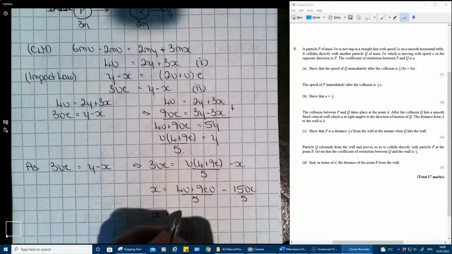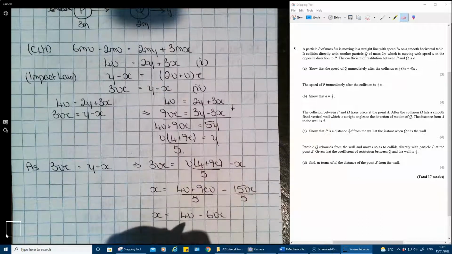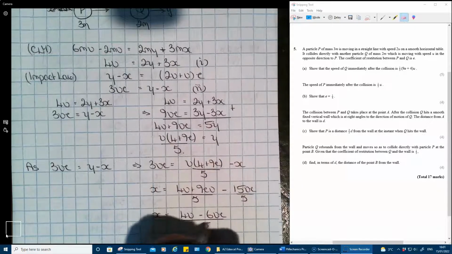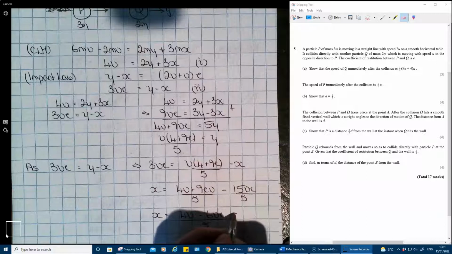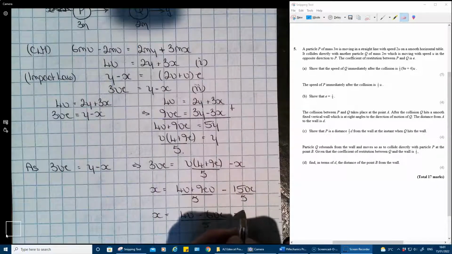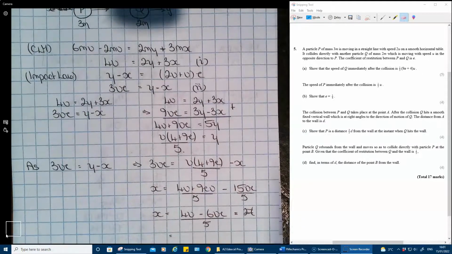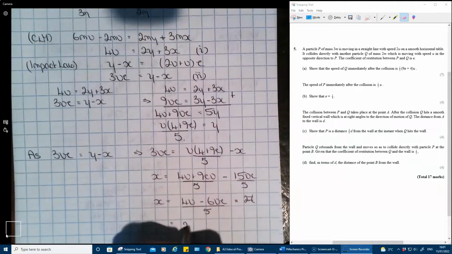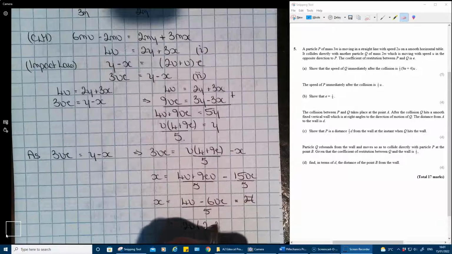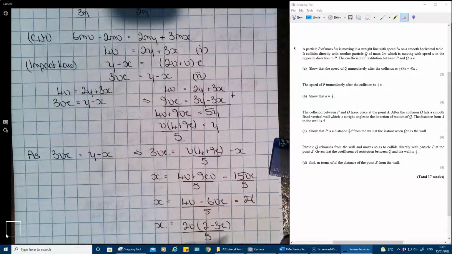So x equals 4u take away 6ue over 5, which equals, take a 2 out, I suppose, 2 lots, take a factor 2u out, 2 take away 3e over 5 is equal to x.